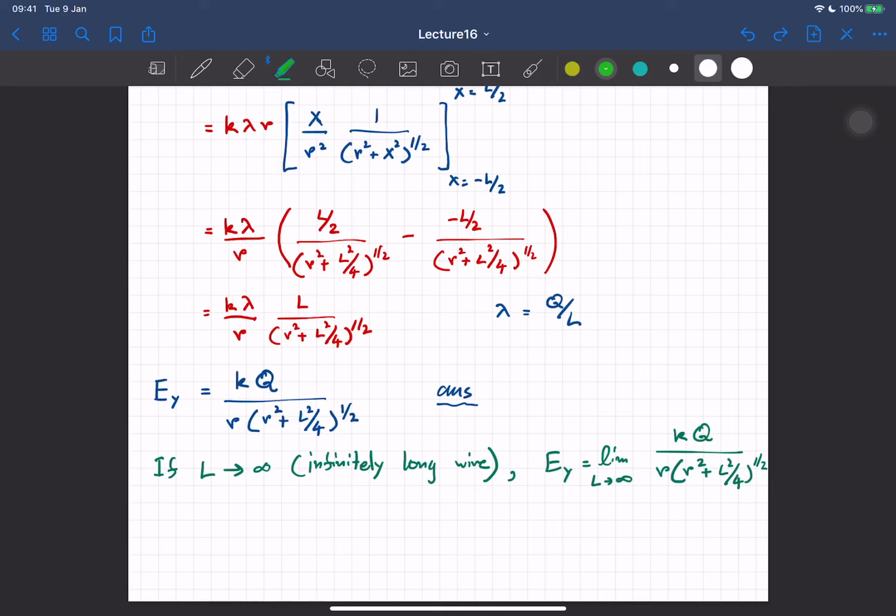Just this part here, because that's the only factor that contains L. So when you take the limit of L going to infinity, this factor, r square plus L squared over 4 to the 1/2, can be approximated as just L squared over 4 to the 1/2.